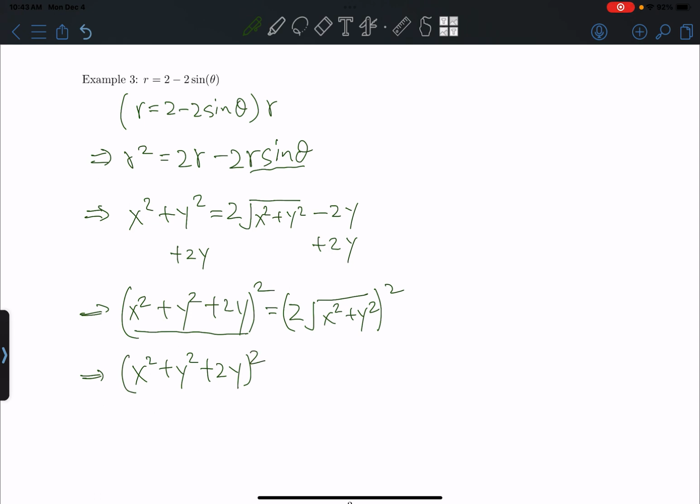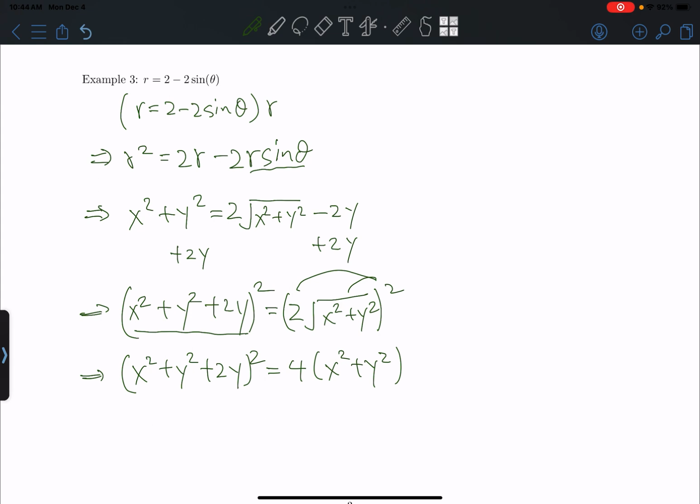Okay, and then on this side, you do want to work out the square, but that's just distributing the square, right? 2 squared is 4, and now here the radical and the square cancel out. You get x squared plus y squared.